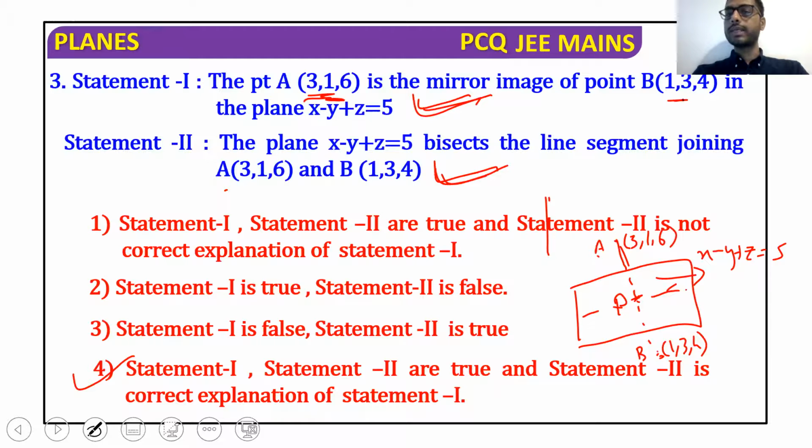By using a formula h minus x1 upon a is equal to k minus y1 upon b is equal to l minus z1 upon c is equal to minus 2 times (ax1 plus by1 plus cz1 plus d) upon a square plus b square plus c square. So you can use this formula, solve and cross verify whether this is actually the image of this point. However, that would take long time.